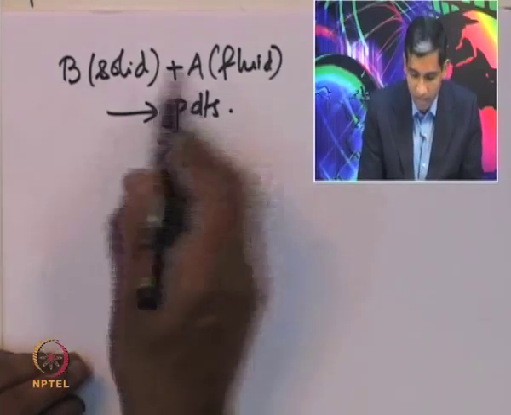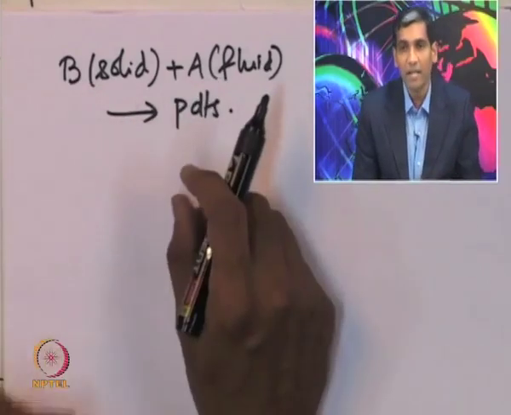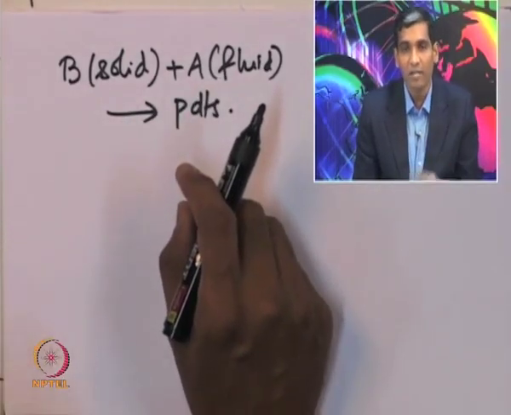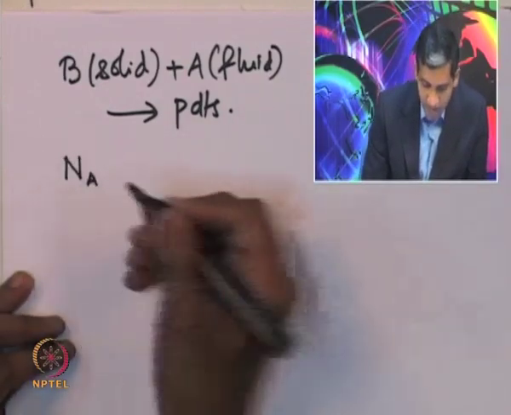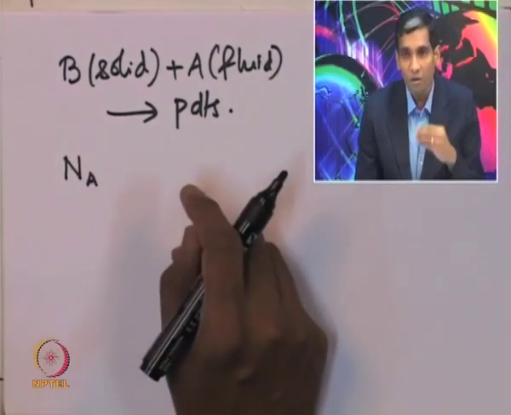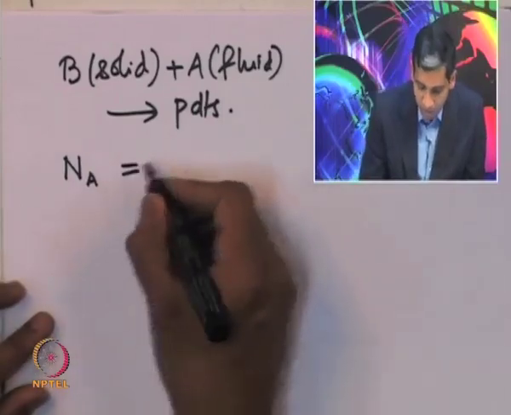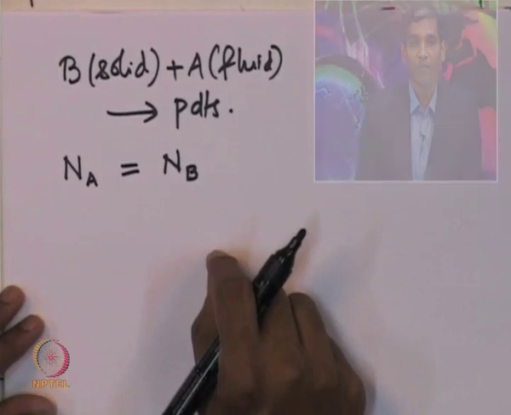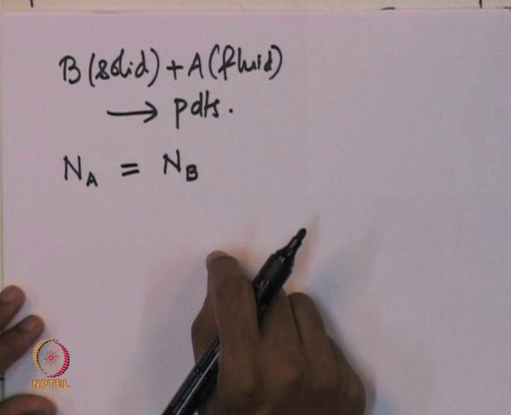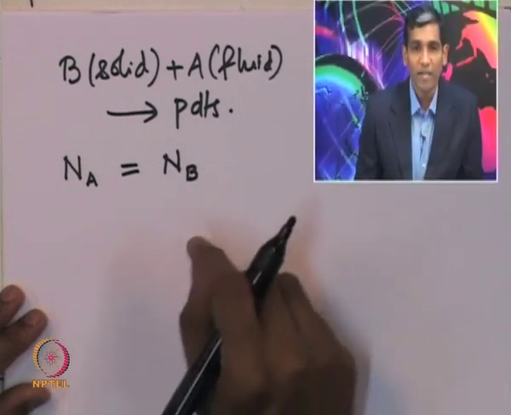Suppose the reaction is occurring under equimolar conditions, then the number of moles of A consumed because of the reaction should be equal to the number of moles of B consumed because of the reaction. Note that NA equal to NB is a special case, and in general these two need not necessarily be equal. Now, why do we need this?